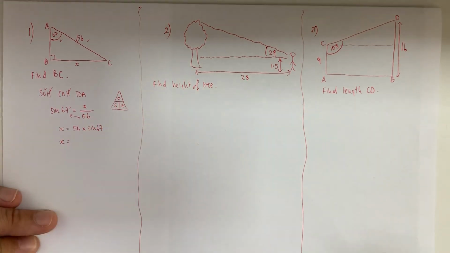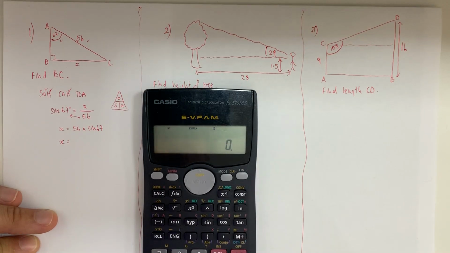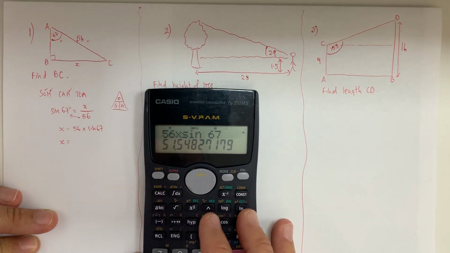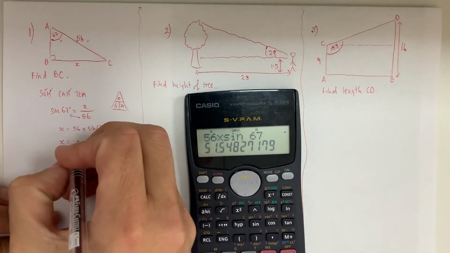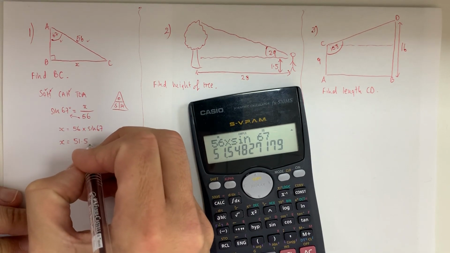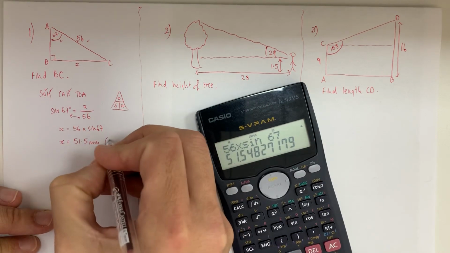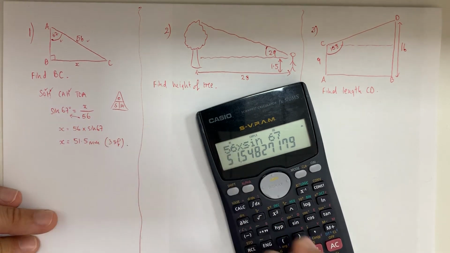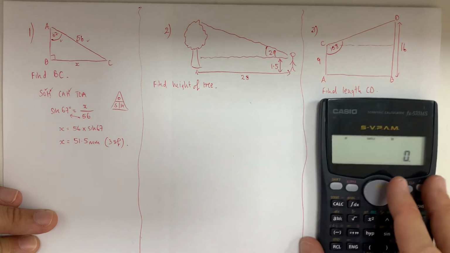So x is equal to, pop that into the calculator, 56 times sine 67. And that gives me 51.5 to three significant figures. And my units should be in millimeters, three significant figures. Okay, on to the next one.